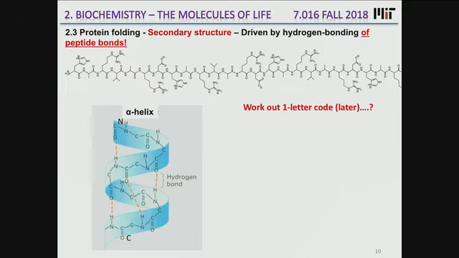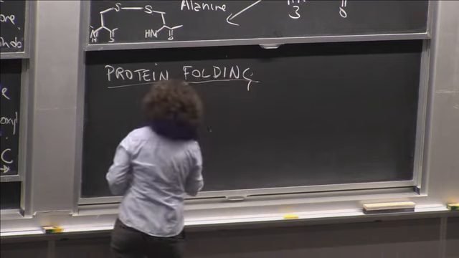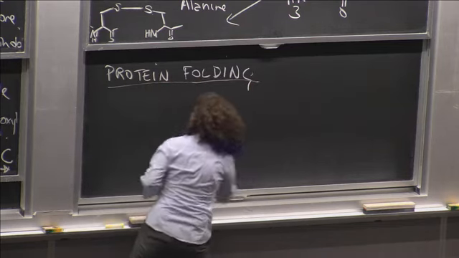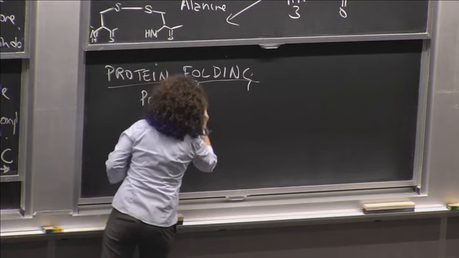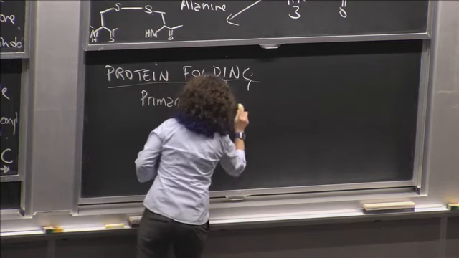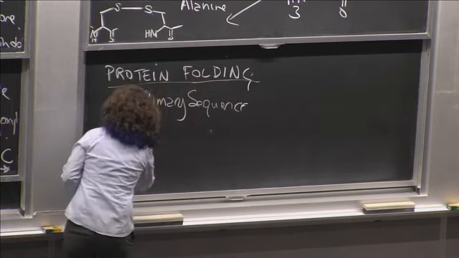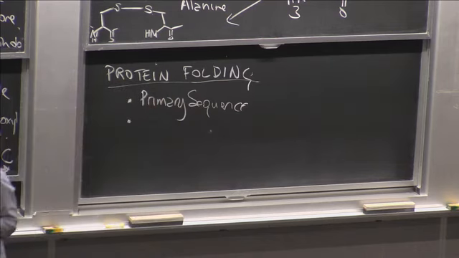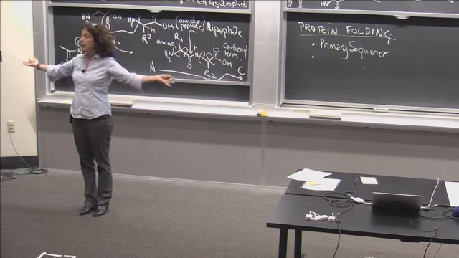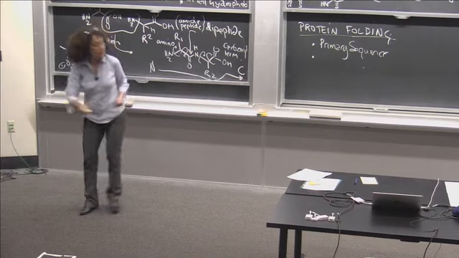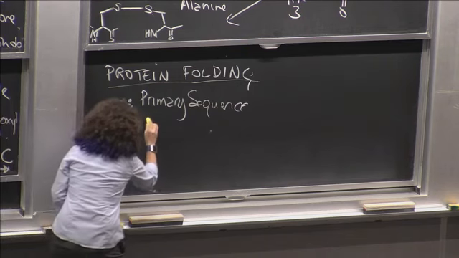Okay, so the first order, we get it. There's a primary sequence. The next thing to think about is what's known as secondary structure. It's higher order than just the primary sequence, and it's established by non-covalent bonds.